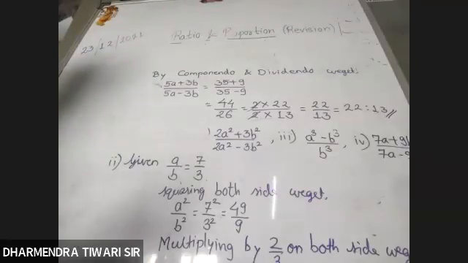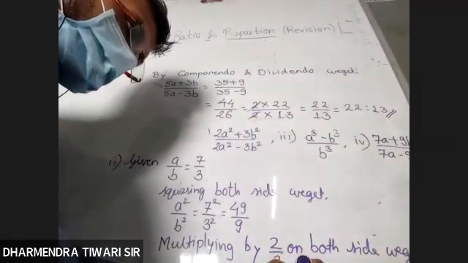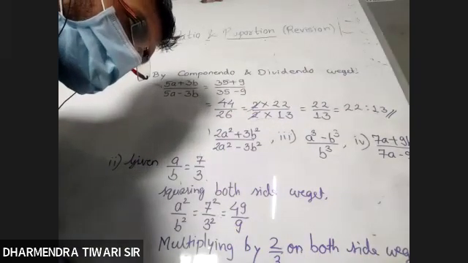Hope this is clear to everybody. What is the answer? 2 multiplied by 49 is 98, and 3 multiplied by 9 is 27.